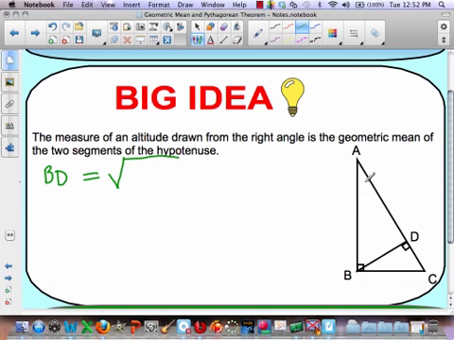Nope. I'm looking at the hypotenuse. So AD times DC. That's one of the formulas you guys need to have on your reference sheet. Okay, I would definitely copy down this model, and I would copy down that formula. So find an open spot on your reference sheet, add that in there.